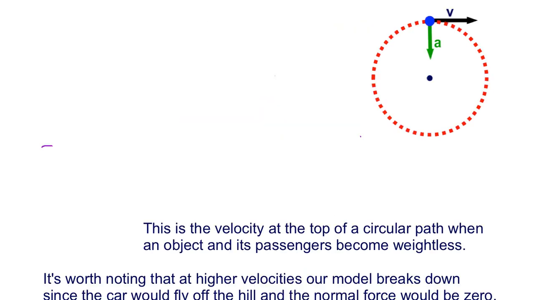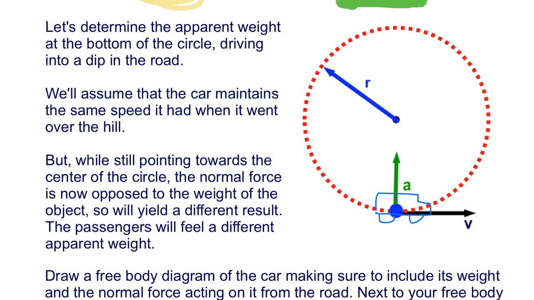So all this is saying that if you exceed that speed right there, the car will not stay on the road. You will not stay in your seat, and the car will fly off and will go airborne.